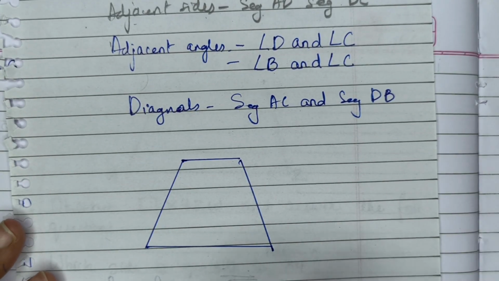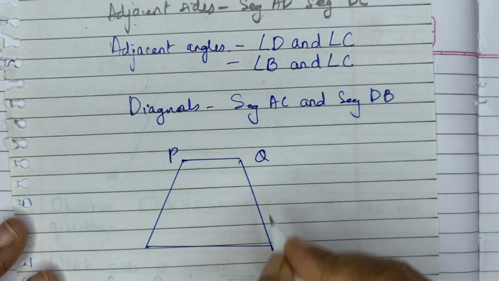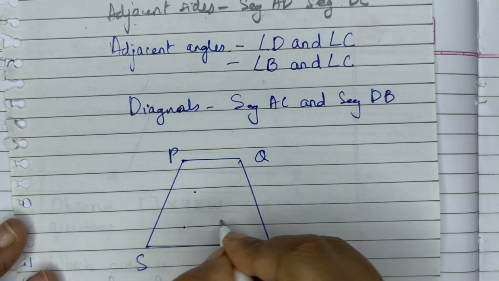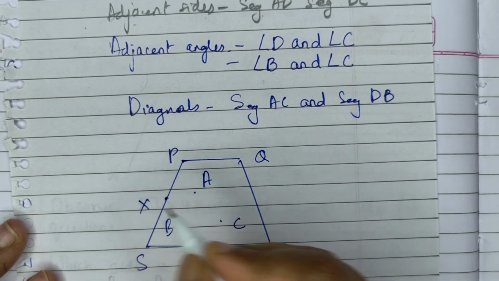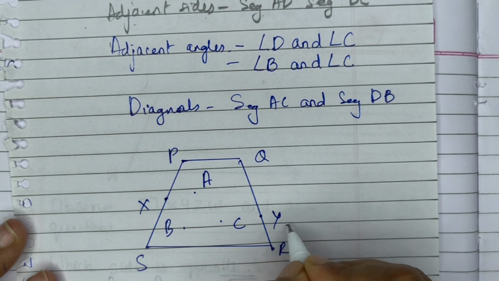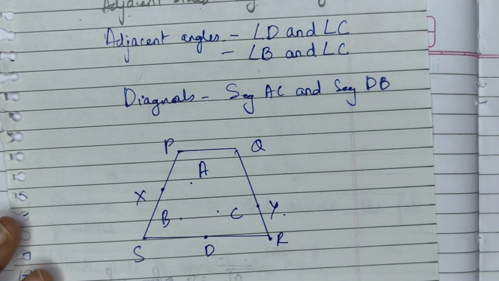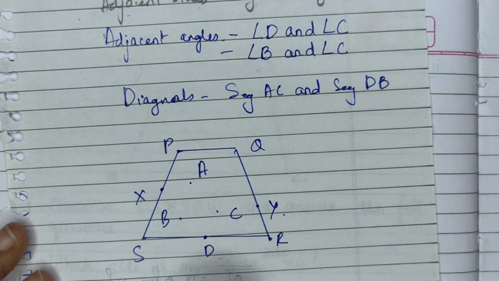Now you know how to read the quadrilateral, right? Suppose this is PQRS. I'm marking some points over here, A, B and C, naming some points X and Y over here and D over here.